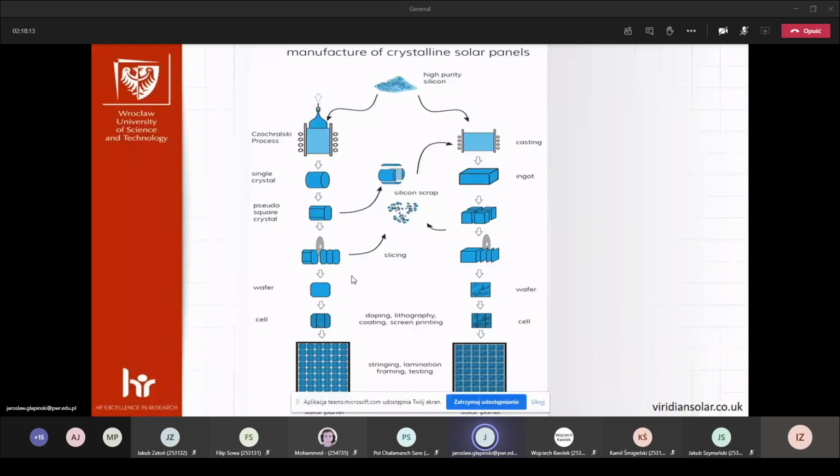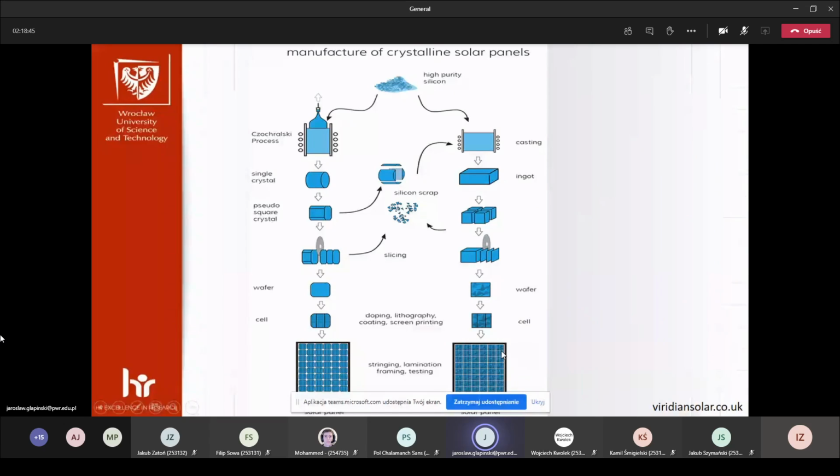Another system is polycrystal. In this process we can prepare smaller pieces of silicon or germanium or crystalline element, and then glue the smaller pieces together to produce one element, and then cut it and make a solar cell.